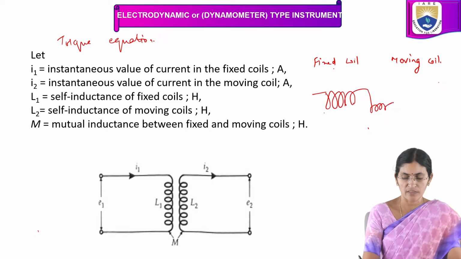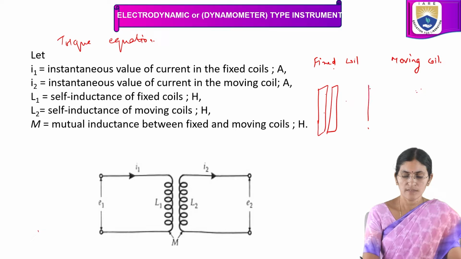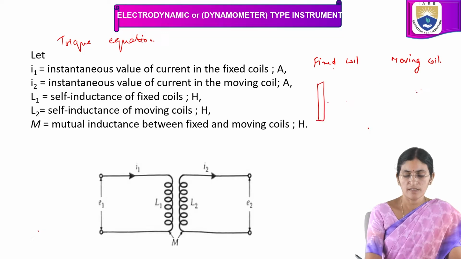Inside this we have a moving coil, and then it is again connected to the other end of the fixed coil. So the fixed coil is divided into two parts, and in between we have the moving coil.